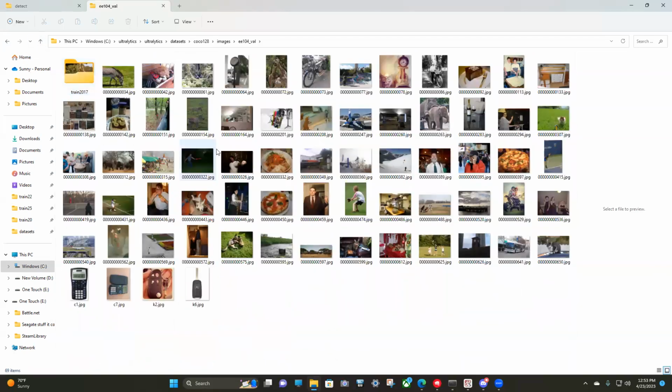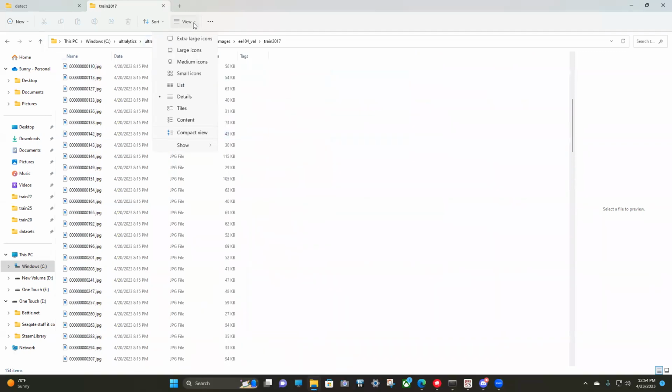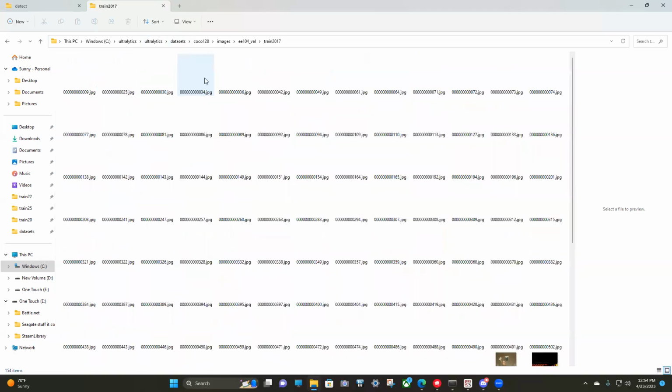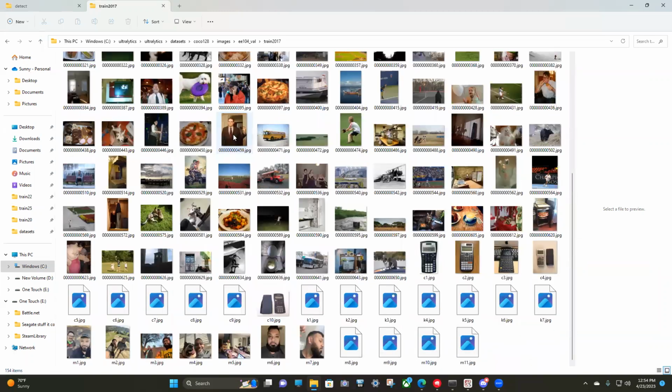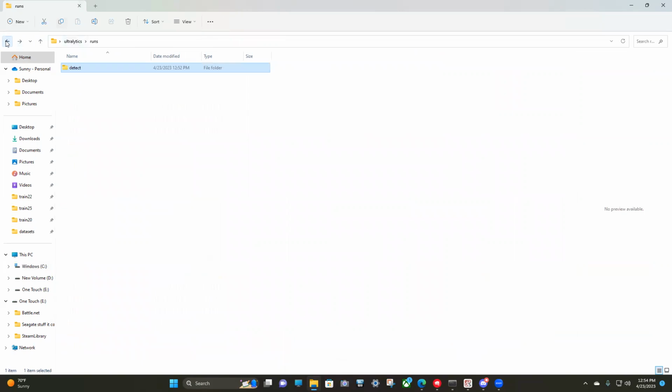It did the split for me, and this is how it split it. This is for validation, so it verifies it. Then all the pictures I added are right here. These are all the pictures in the program.